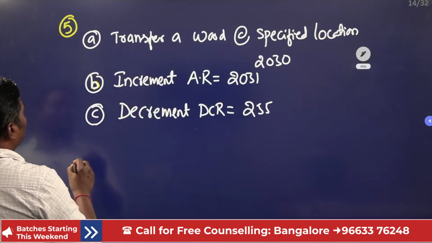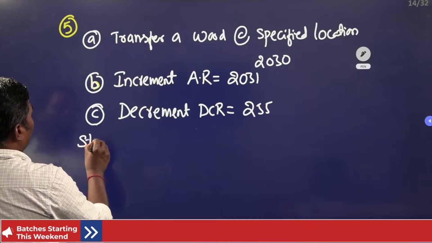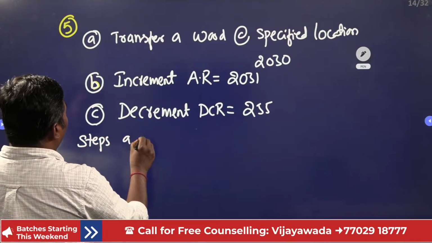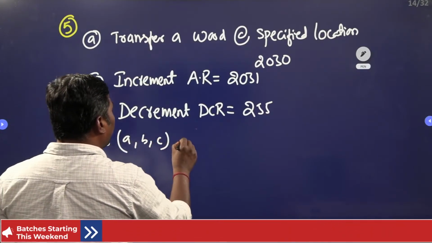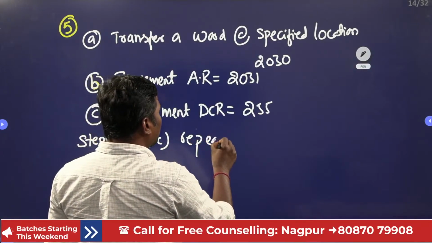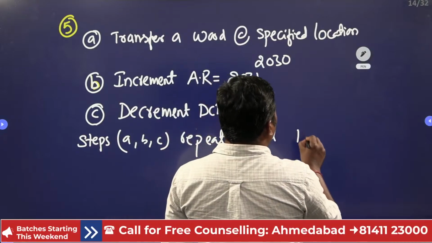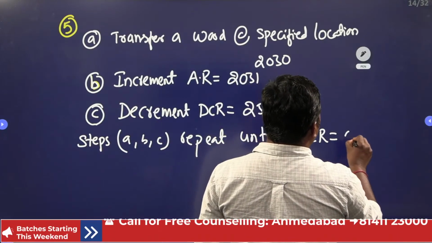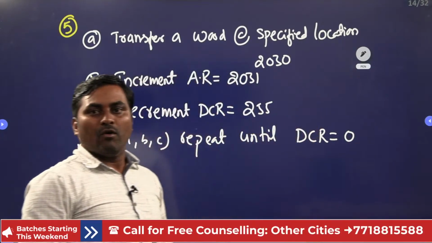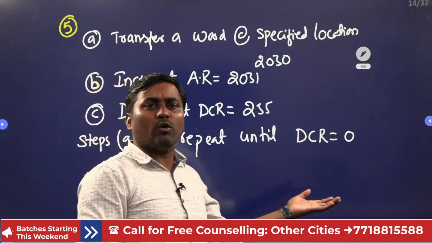Steps A, B, C have to repeat until the data count register becomes 0. They asked for 2 steps, but I am going through all steps.